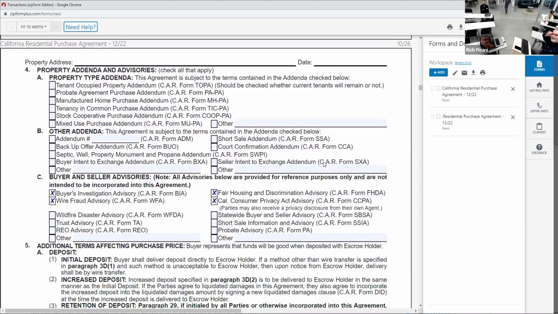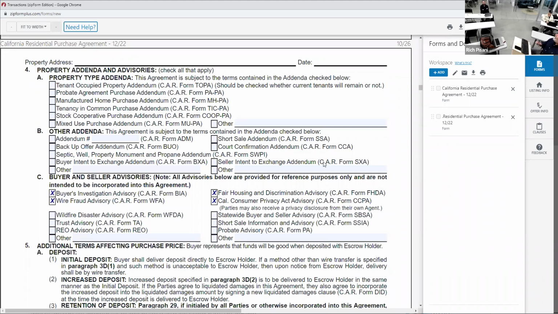All right, addenda. So here is the TOPA. If it's tenant occupied, or a probate, then a probate addendum needs to go here. Manufactured home, mobile home, that needs to go. Tenant in common, stock cooperative. There still are co-ops, but they're very rare. The only one that I know of is in Sherman Oaks.